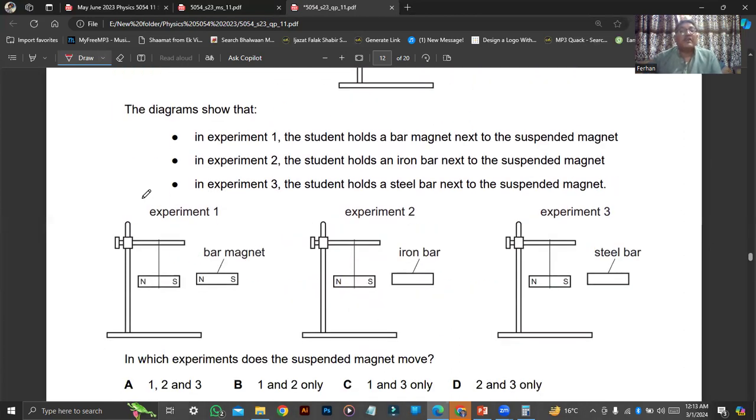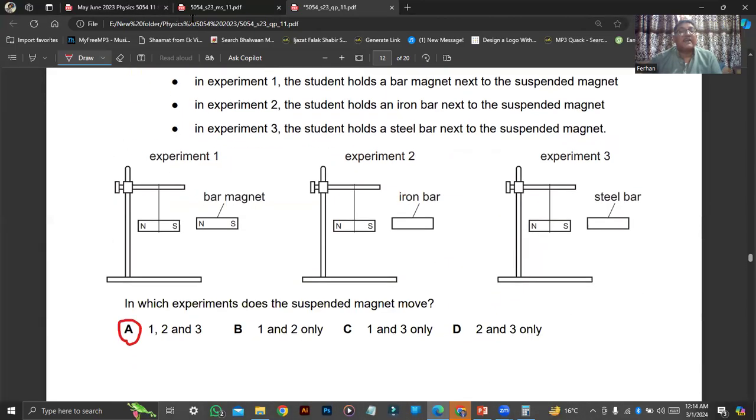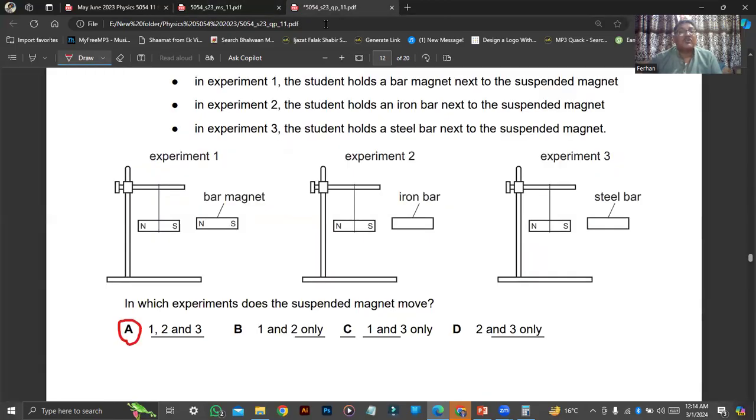So their question is, in which experiment does the suspended magnet move? So the suspended magnet will move in all these experiments, 1, 2, and 3. I think A is the option. Question number 26, A is the right option, sir.